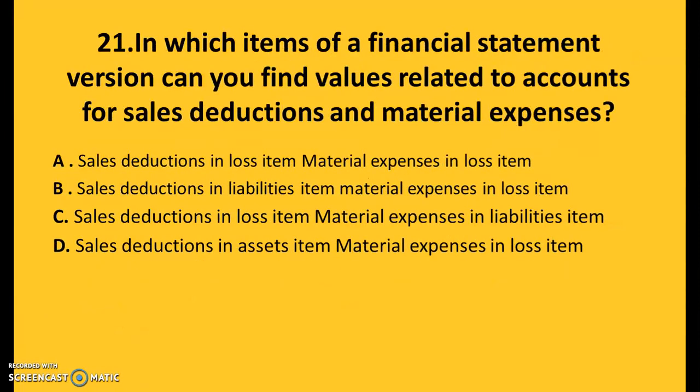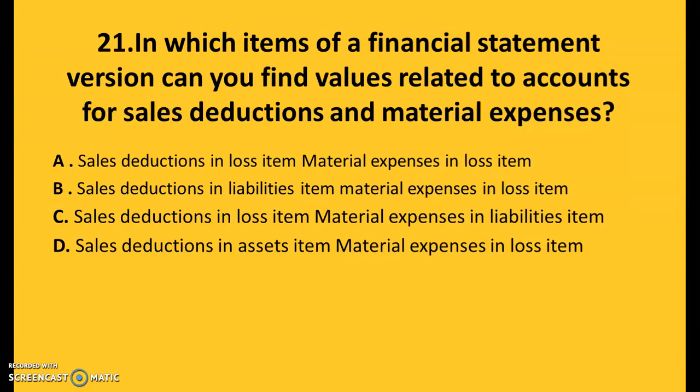In which items of a financial statement version can you find values related to accounts for sales deduction and material expenses? Sales deductions in loss item, material expenses in loss item; sales deductions in liabilities item, material expenses in loss item; sales deduction in loss item, material expenses in liabilities item; sales deductions in assets item, material expenses in loss item.